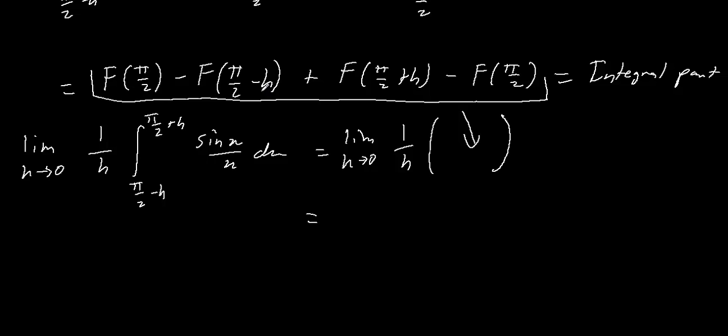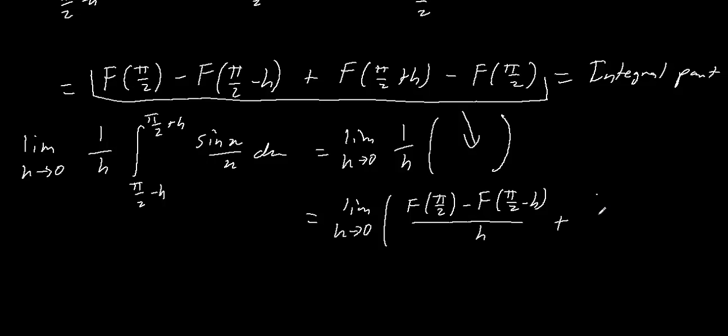Now I'm going to distribute this 1 over h in a very interesting way. Limit as h approaches 0 of f of pi over 2 minus f of pi on 2 minus h, all on h, plus f of pi on 2 plus h minus f of pi on 2, all on h.